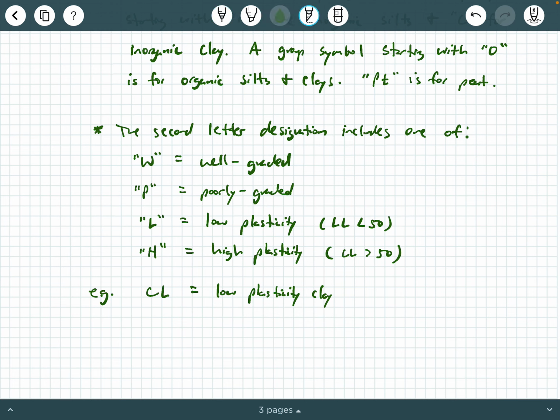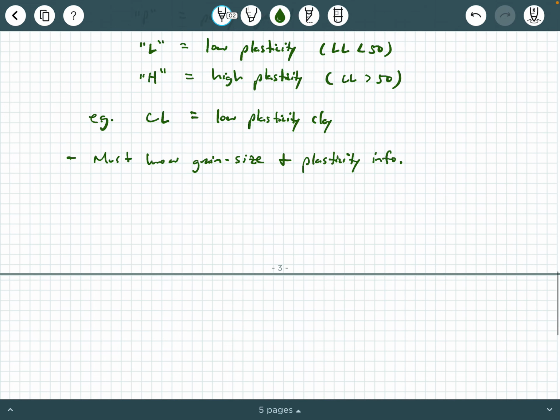So these are the second letter designations that go after the first group letter, okay? So you need to know the following. Similar to AASHTO, we must know grain size and plasticity information, okay? So that summarizes the USCS system.